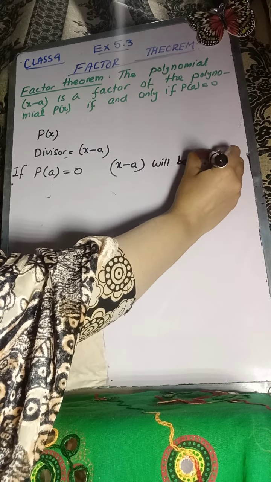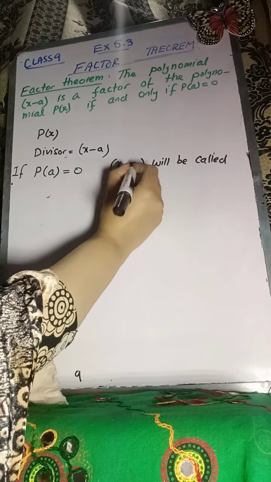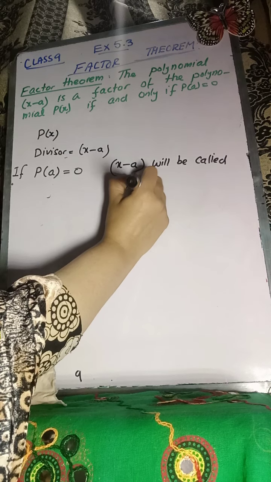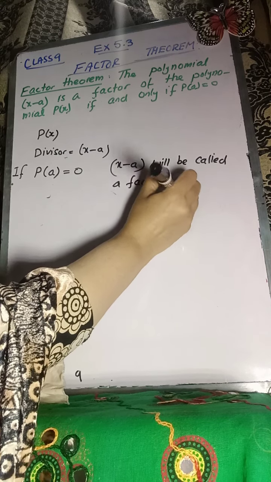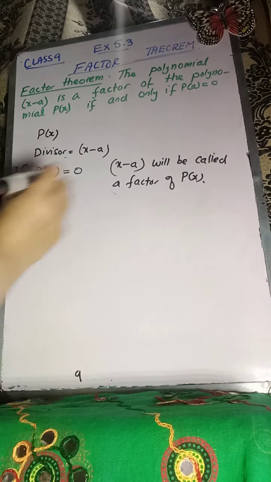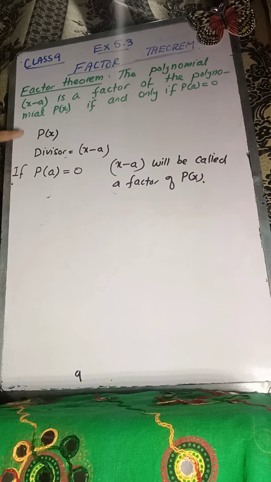This is what the factor theorem tells us. So you have a polynomial and a divisor. This divisor will be called a factor if p of a is equal to 0.